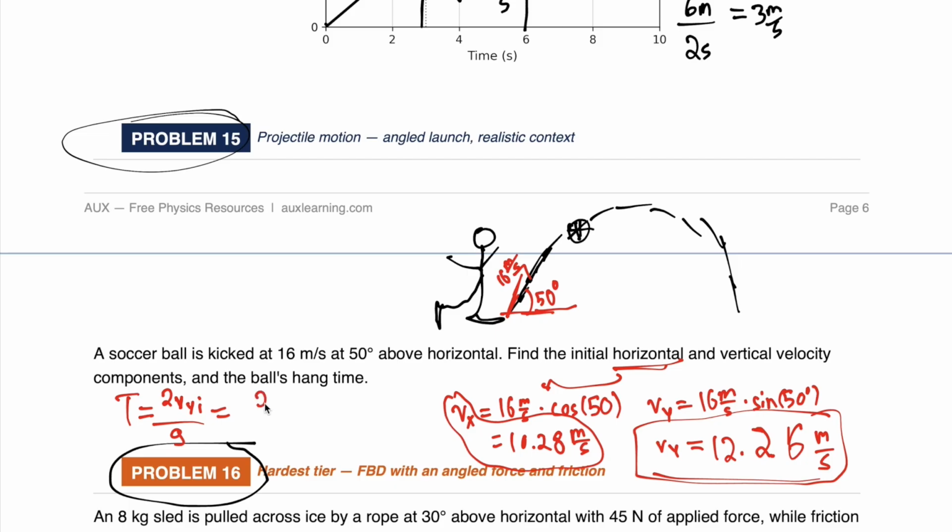So 2 times 12.26 meters per second over 9.81 meters per second squared. The units cancel out to bring only seconds. If I simplify this, I get 2.569 seconds.